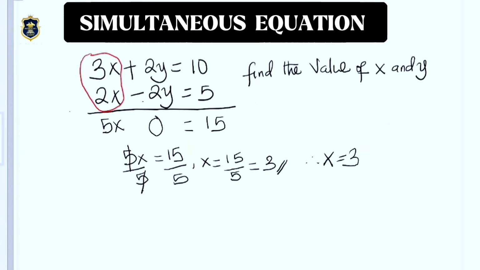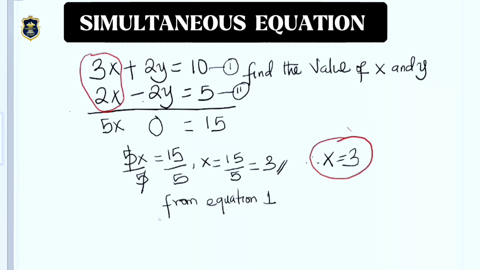Let me circle this value, x is equal to 3. We're now using either equation 1 or equation 2. This is our equation 1, and this is our equation 2. Let's use equation 1.